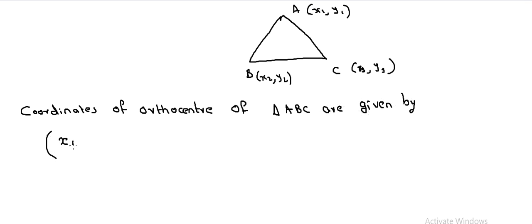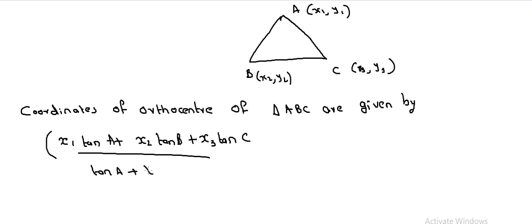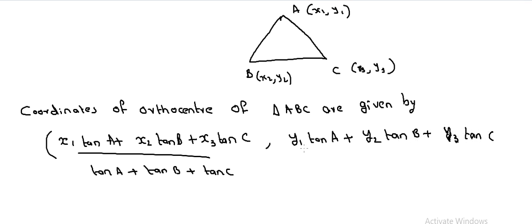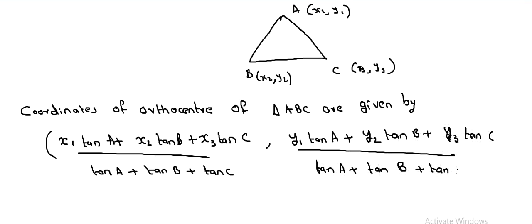its first coordinate will be x1 tan A plus x2 tan B plus x3 tan C by tan A plus tan B plus tan C. And y1 tan A plus y2 tan B plus y3 tan C by tan A plus tan B plus tan C. Here capital A, capital B and capital C are angles of the triangle ABC.